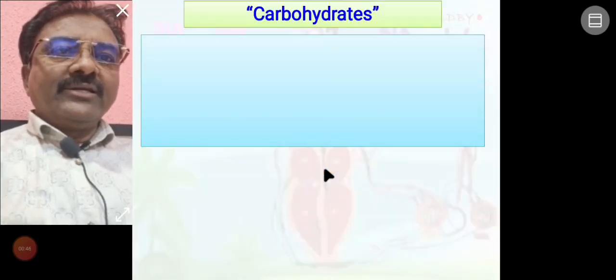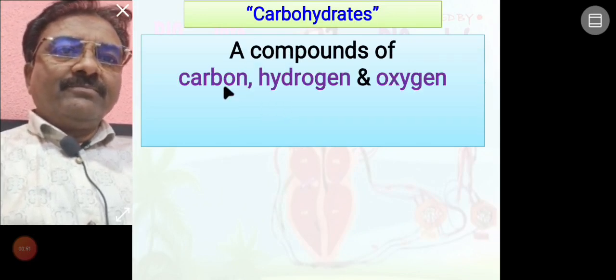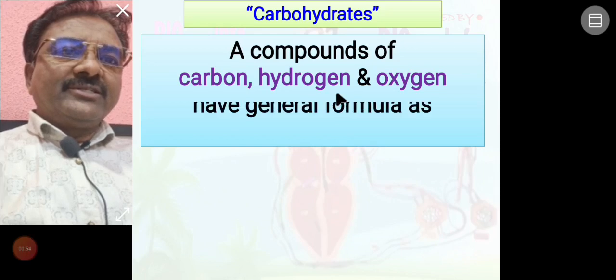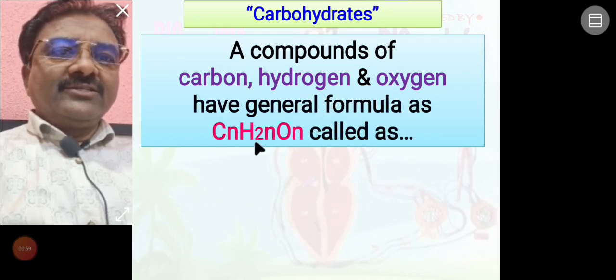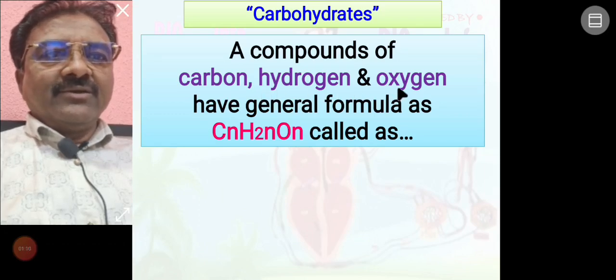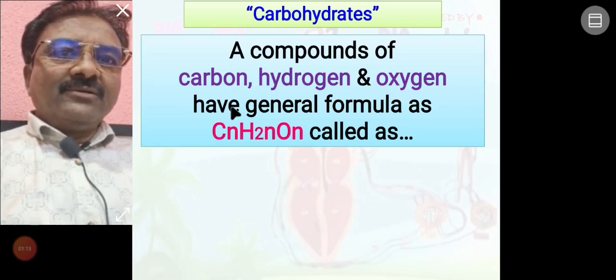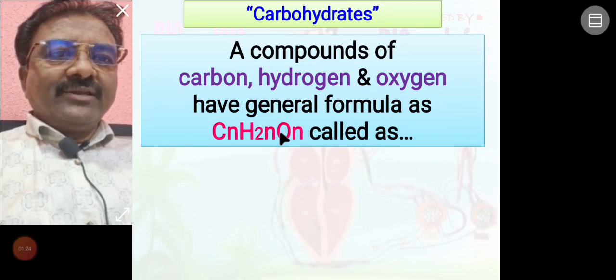You know, carbohydrate is one of the biomolecules, a compound of carbon, hydrogen and oxygen, having the general formula CnH2nOn, called carbohydrate. Cn means carbon 1, hydrogen 2 and oxygen 1.